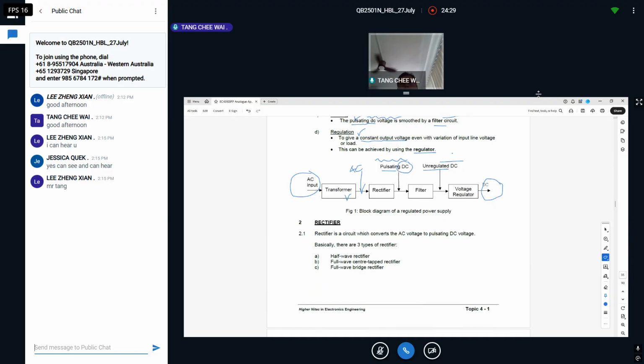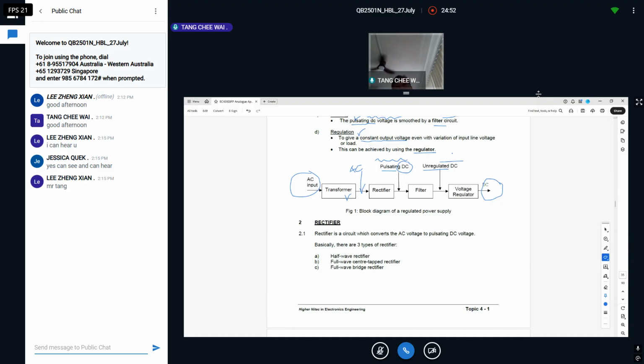The main blocks are the circuits. Transformer: step down voltage, but still AC. AC goes through the rectifier, which converts your AC to DC. The DC comes in still pulsating, or not very smooth.